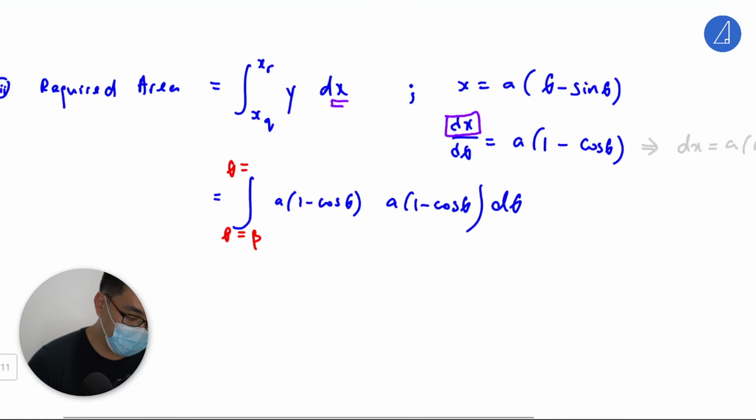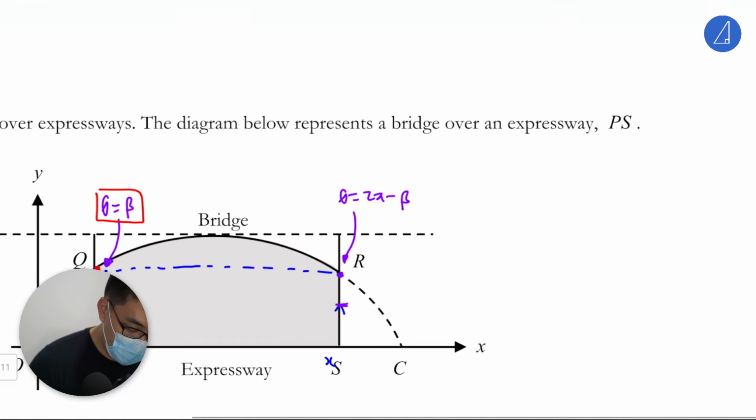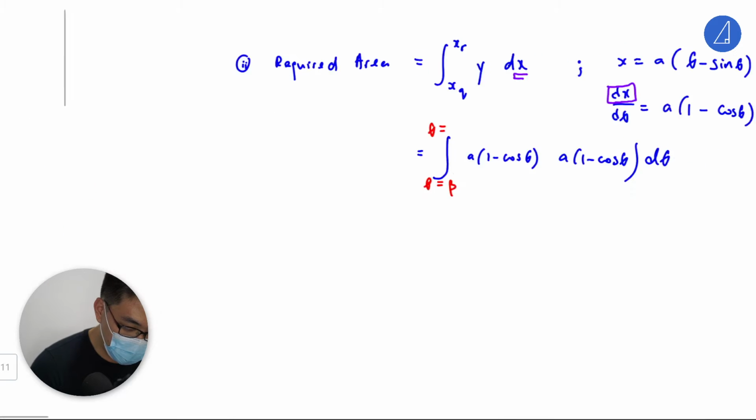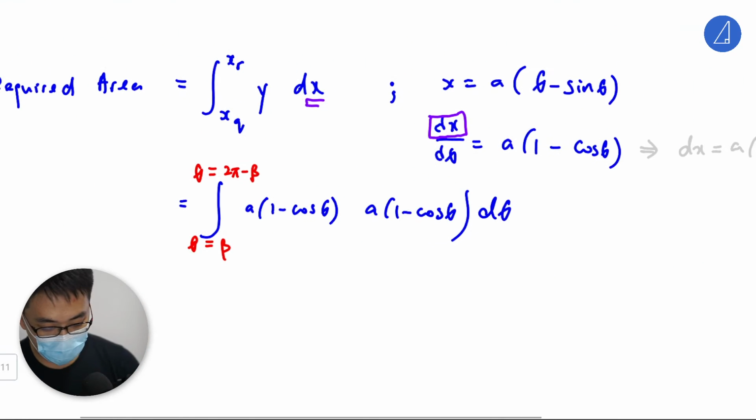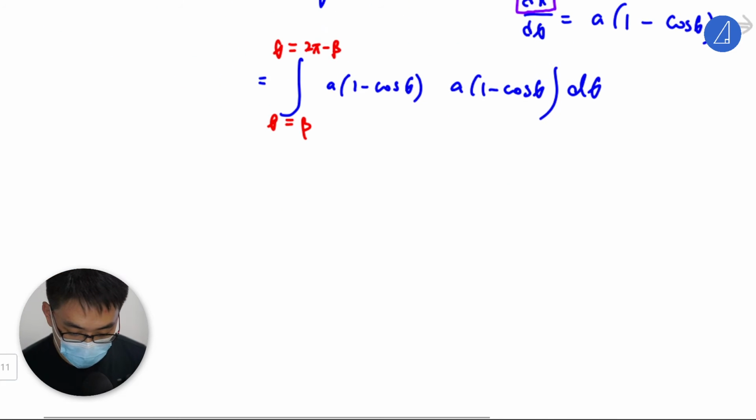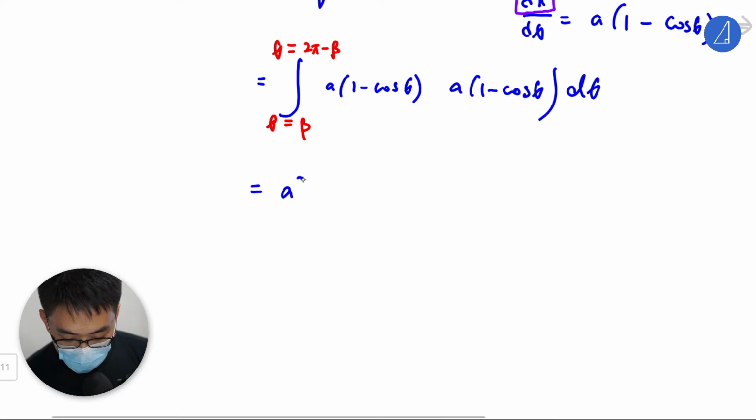Then the upper limit will be 2 pi minus beta. So this is 2 pi. Here we make a squared outside, so a squared, from beta to 2 pi minus beta.